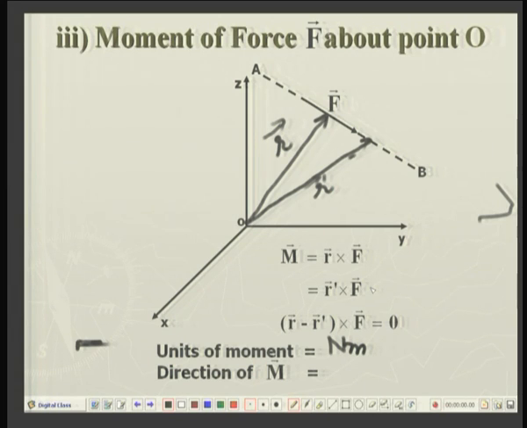So, you will determine the direction of the moment according to the right hand screw system. Okay. So, we have seen the direction, magnitude and the sense of the moment vector.